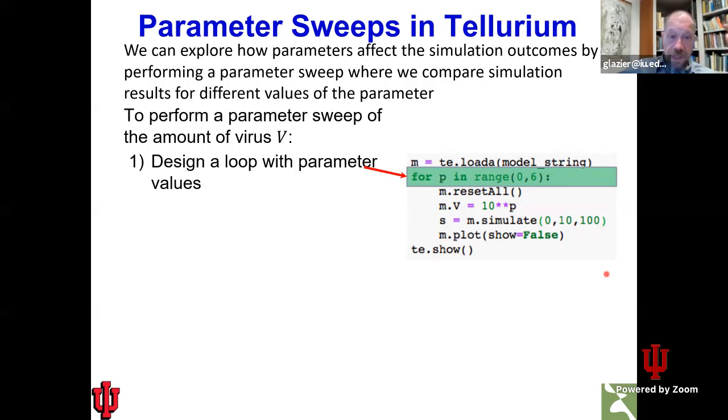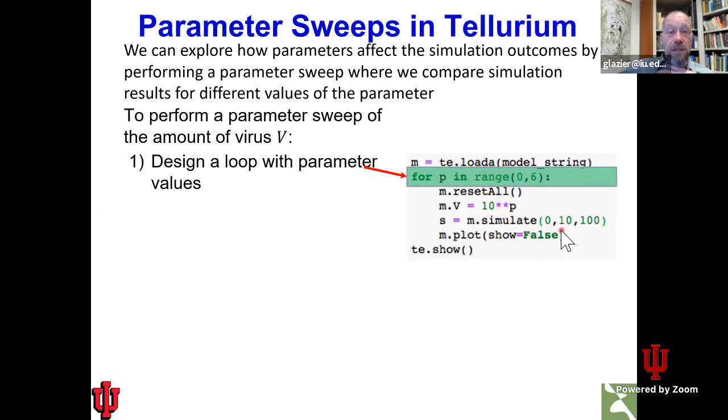So if I want to reset my variables and parameters to their initial values, I use m.resetAll. That effectively reloads the model that I've written. Otherwise, it would continue from the last time when I loop. Another way that it's different from a procedural language. I set m.v, my virus amount, to 10 to the double star p.